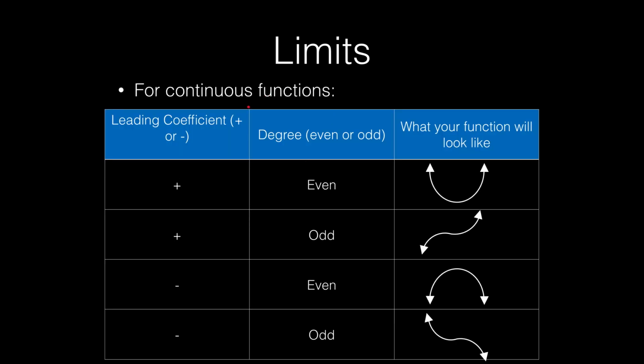For continuous functions, that is functions that are continuous everywhere, this is what we have. There are two things you need to look at when considering the limits as x approaches infinity. You must look at the leading coefficient, and you must look at the degree. The degree is basically the highest power on the function.